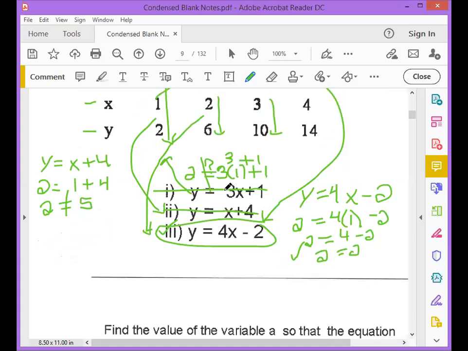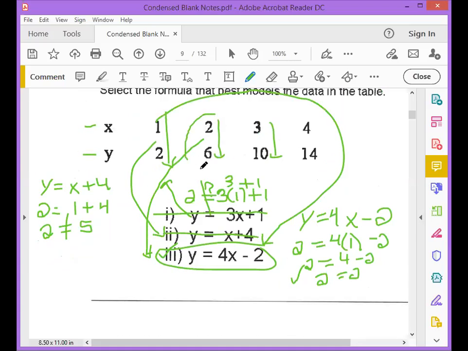So we would substitute 2 for x and 6 for y. So let's check and see if those values work. So we're substituting 2 for x and 6 for y into our equation, y equals 4x minus 2.